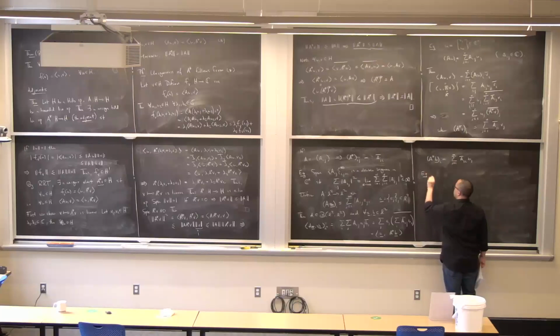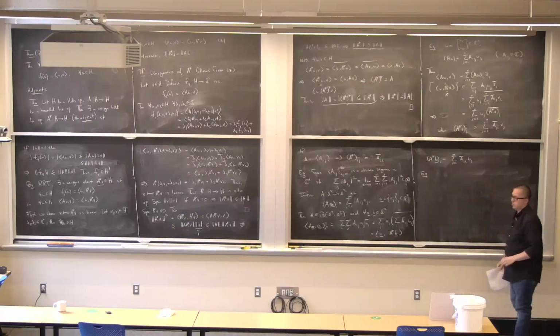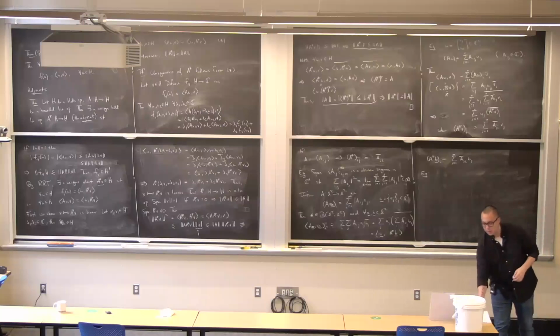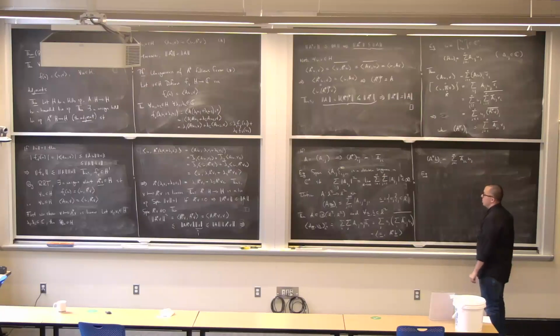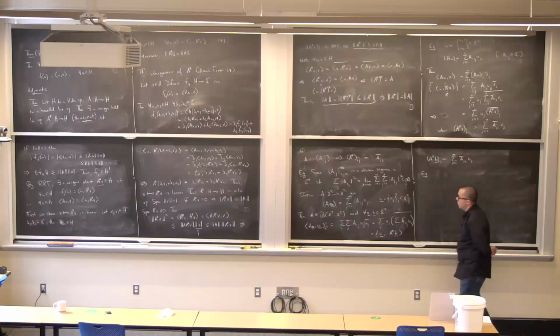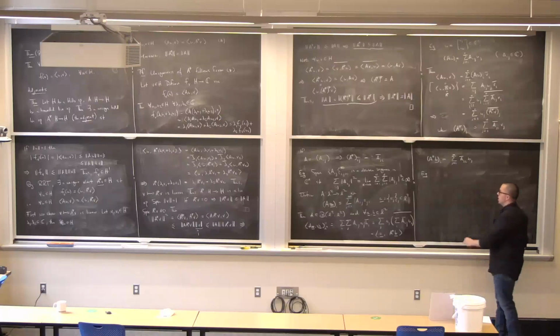Well, let's do one last example. I'm not going to go through the computations again, which are very similar. Here we're having finite sums. If you can do something with sums, you should consider whether or not you can do it for integrals.